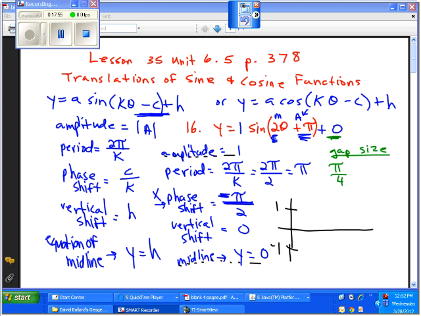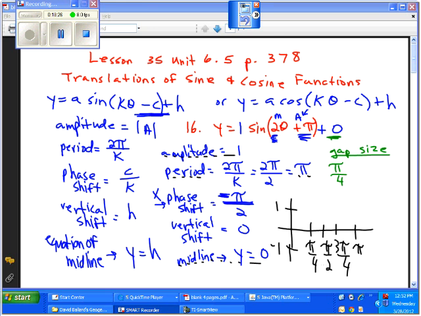What about my amplitude? So now the y part of my grid is kind of figured out. The x part of my grid is going to go to pi. That was my period. How big are my x's? They go to pi. I want to divide it into 4 chunks. Pi over 4. So there's halfway, pi over 2. Half of that, pi over 4. And there's the next mark, 3 pi over 4.